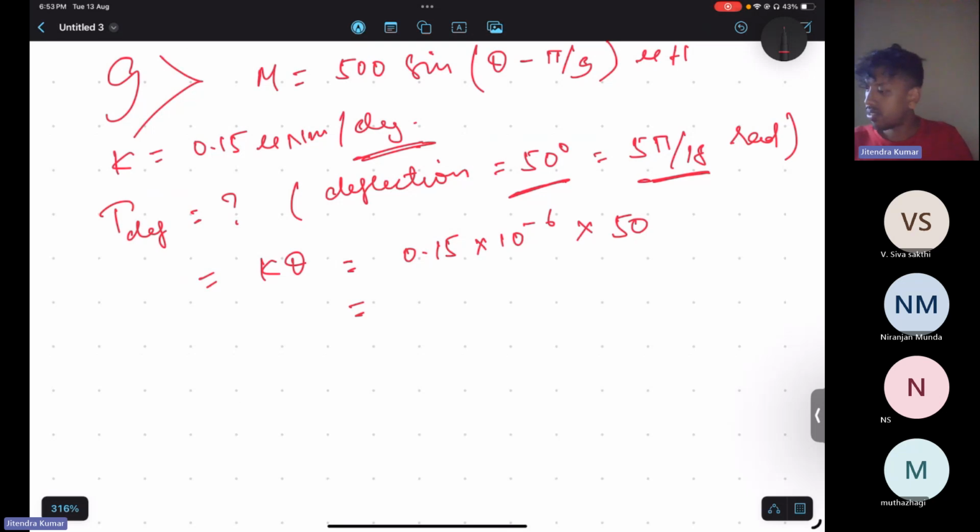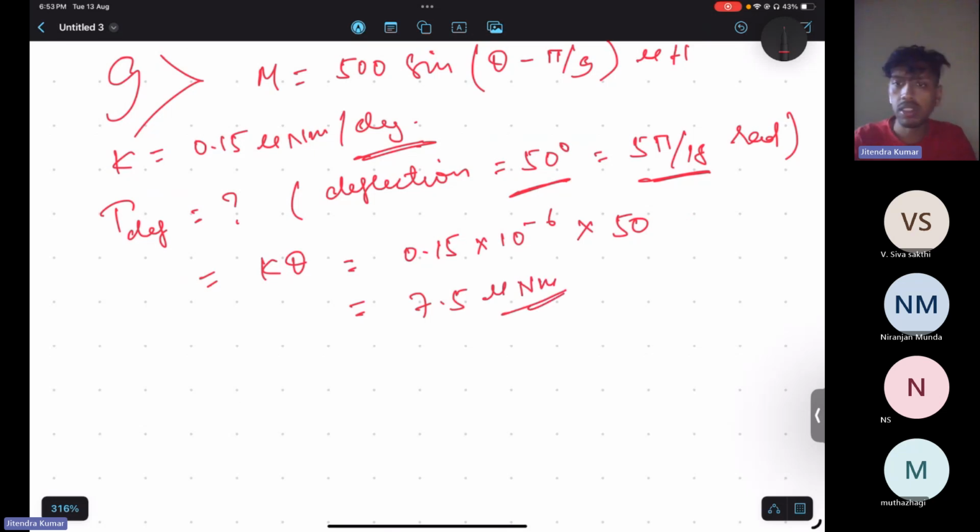So the solution should be 0.15 times 50, which is 7.5 micronewton meter. I hope you are getting this answer within the range, 7.5 micronewton meter. Now, any doubt in this part?